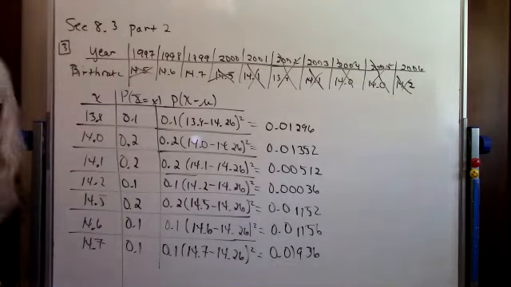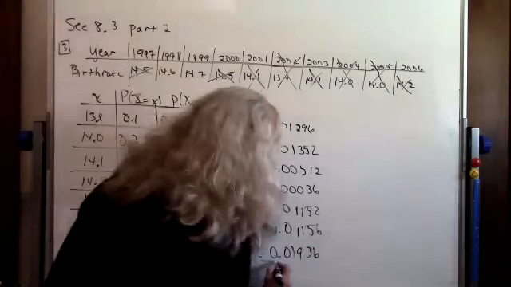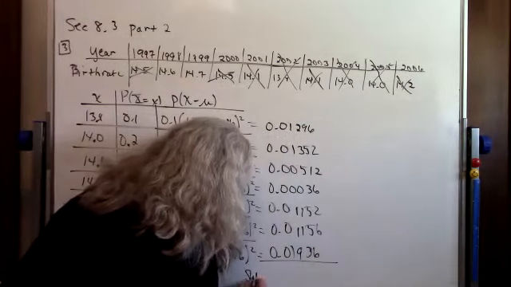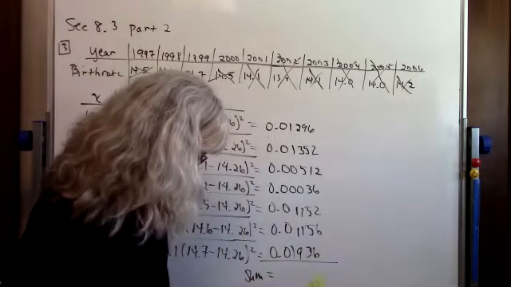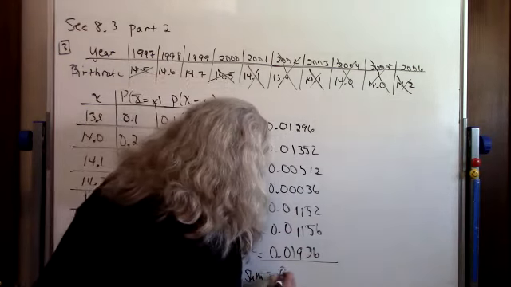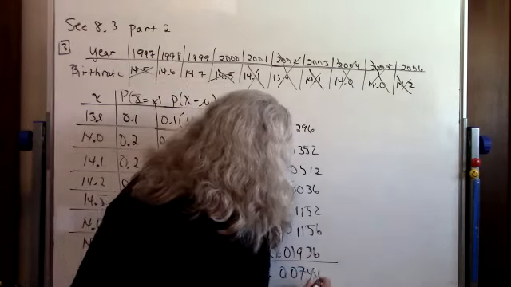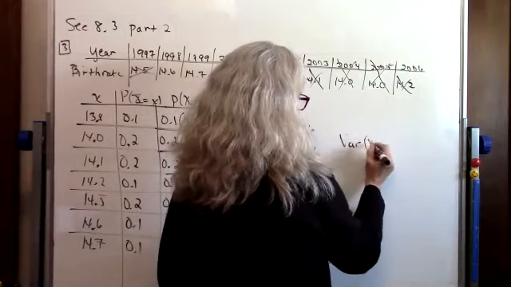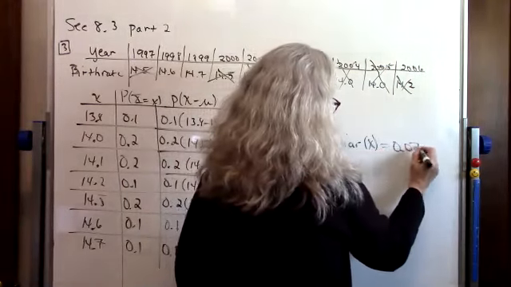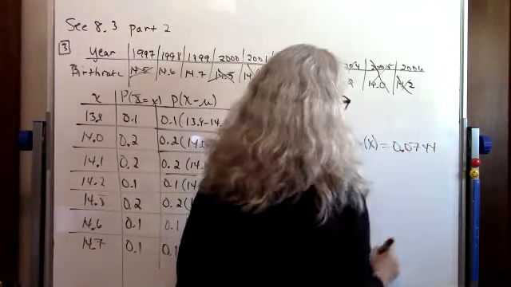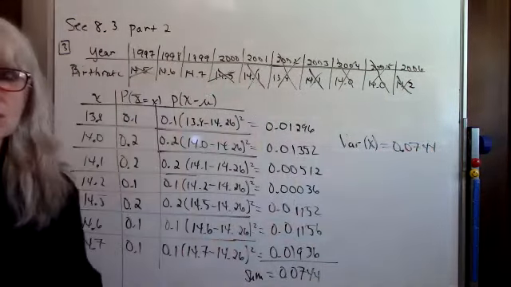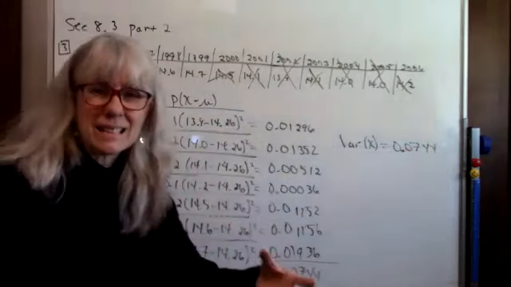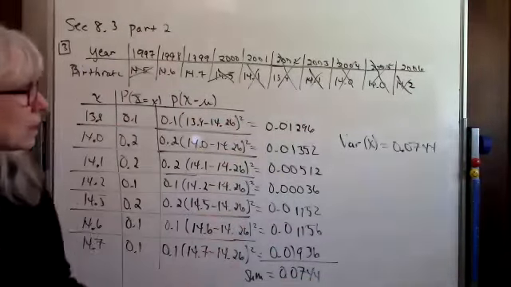To find the variance, we need to sum that column. Down here, we find the sum, and that came out to be 0.0744. So the variance is that sum, 0.0744. The reason we like the standard deviation is it takes the square root of that, which undoes the effect of the squaring.